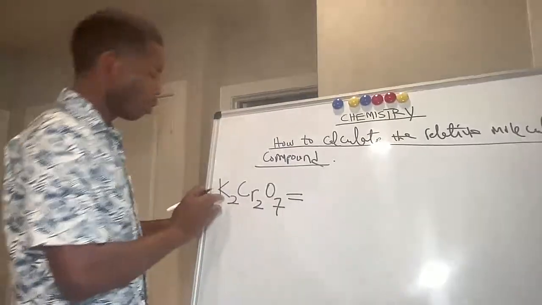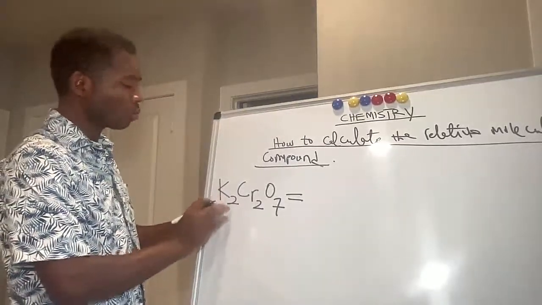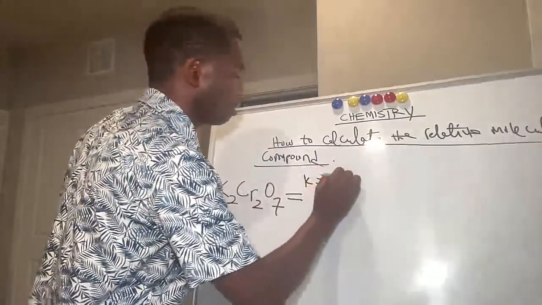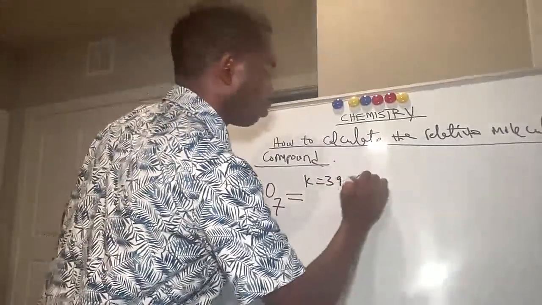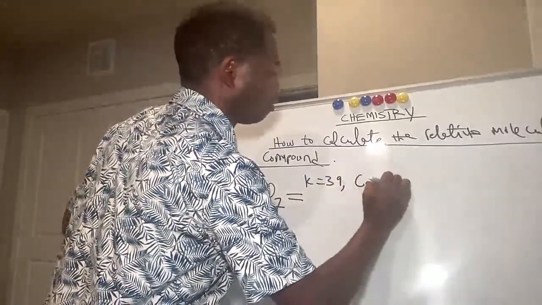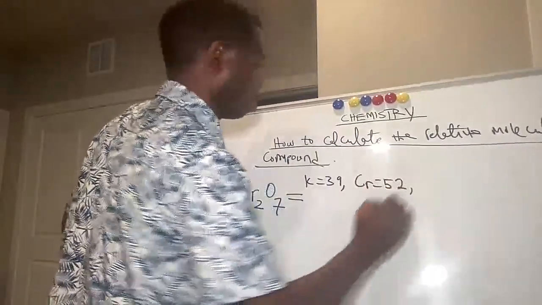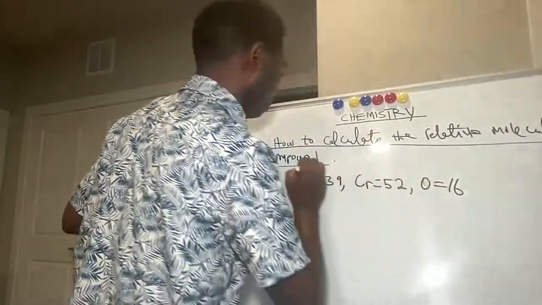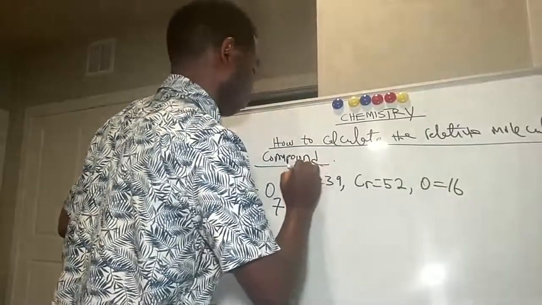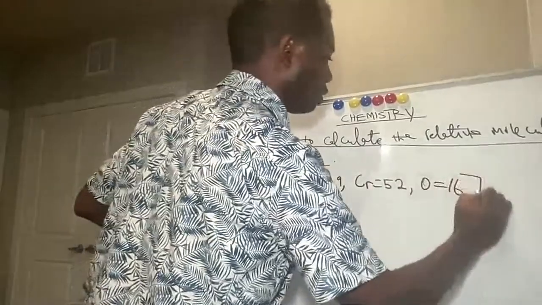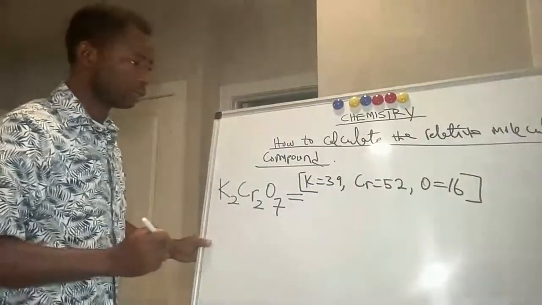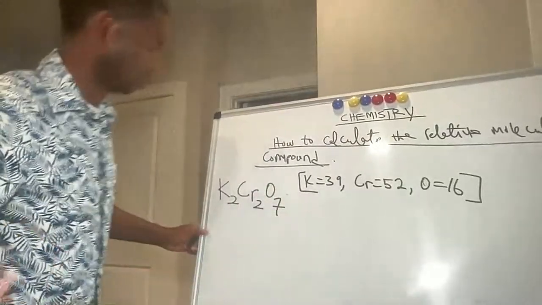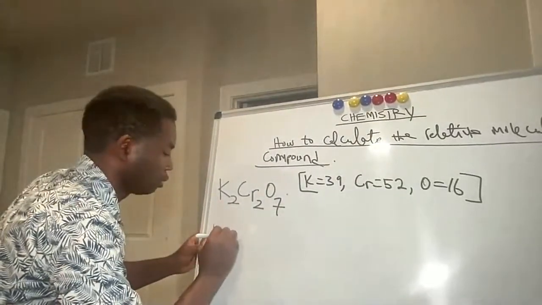Let's look at the mass numbers. Potassium is 39, chromium is 52, oxygen is 16.